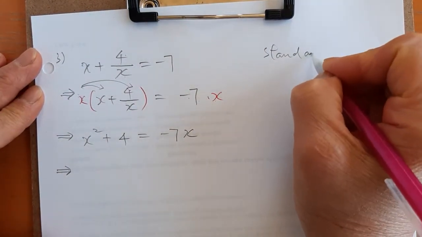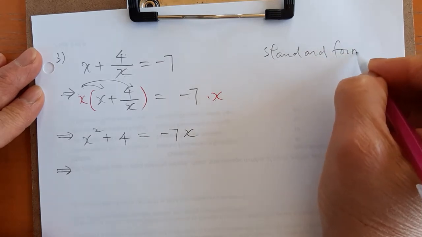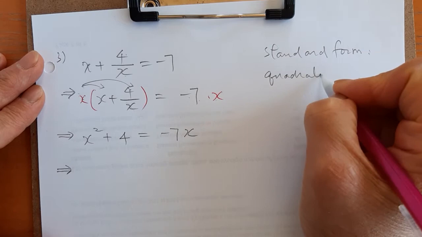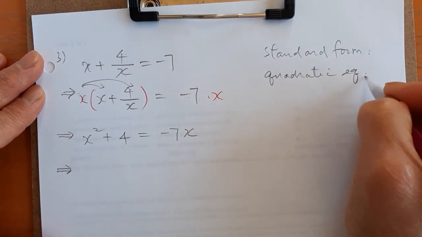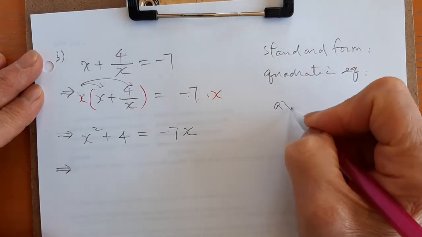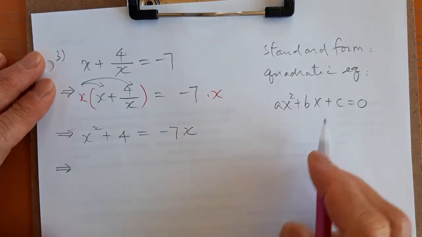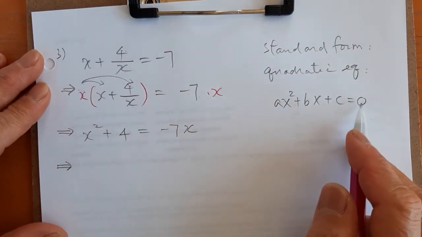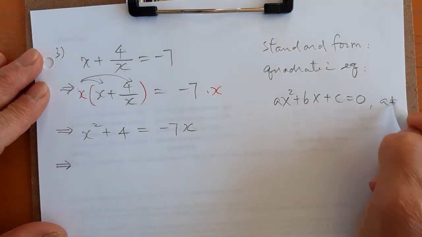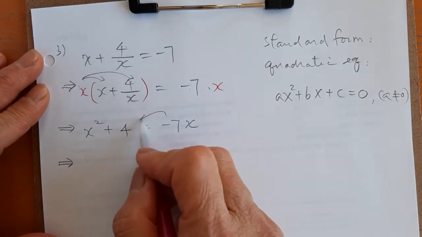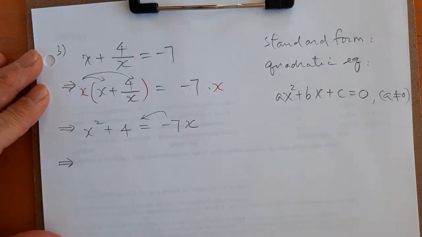Standard form of a quadratic equation is ax squared plus bx plus c equals 0. All the terms are on the left side, the right side is 0, where a is non-zero. That's the standard form. So we have to make all the terms on the left.